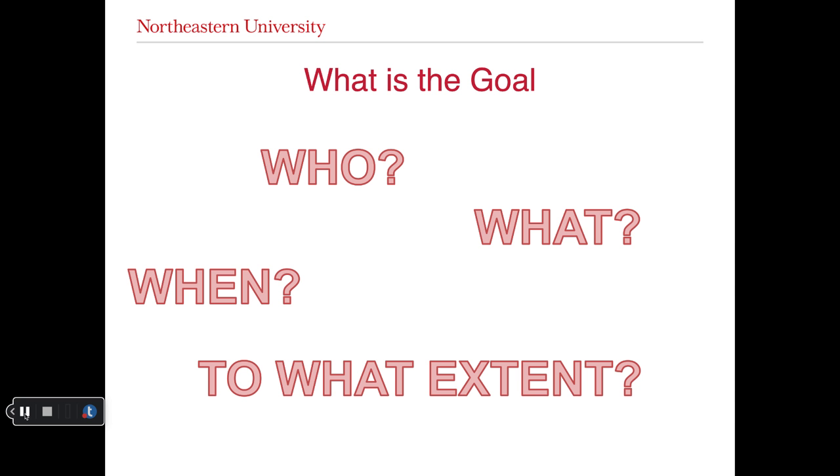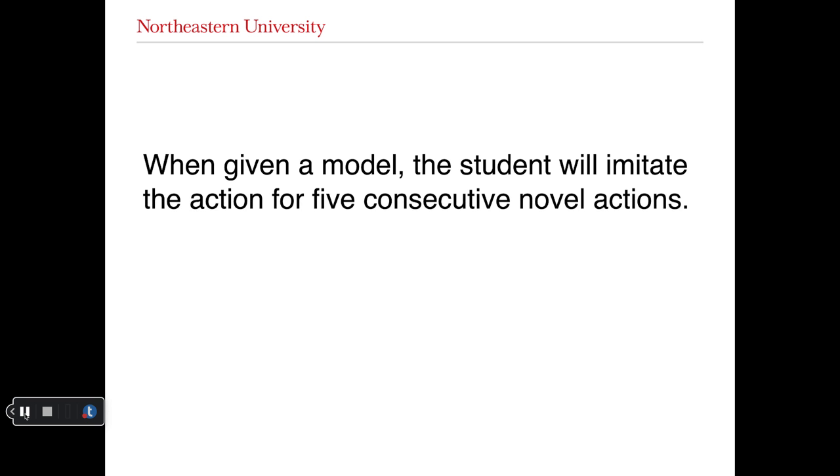Sometimes goals are written so that a skill is said to be mastered, or sometimes it's written so you can move to the next step of learning that skill. All of these are fine, but it needs to be very precise as to what is to occur. So let's look at a few goals and tact or identify, depending on how you're going to do it, each of the components.